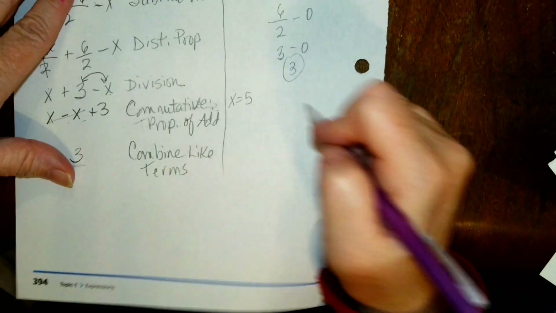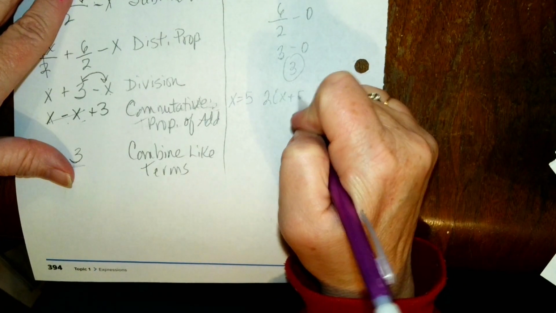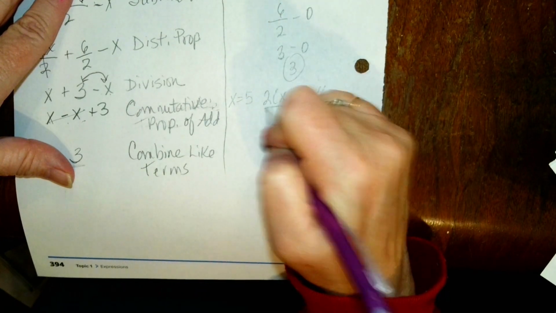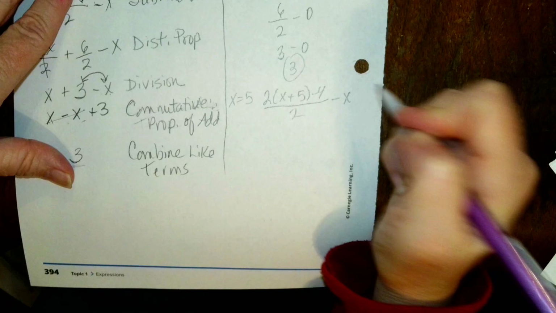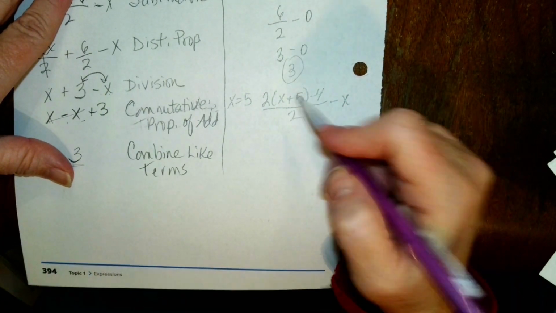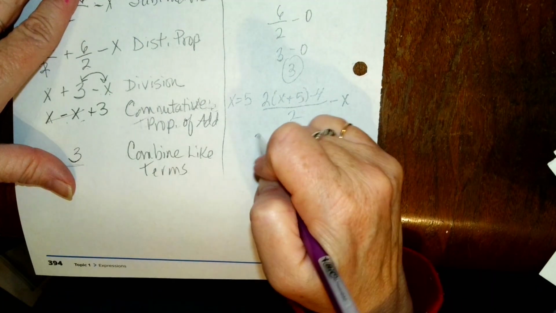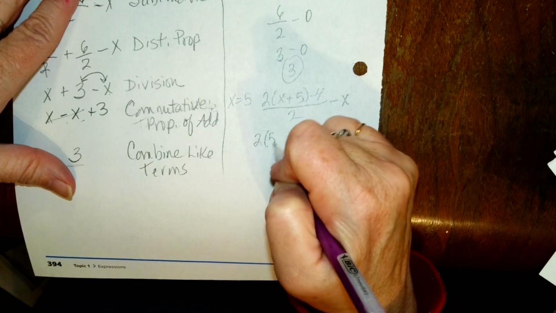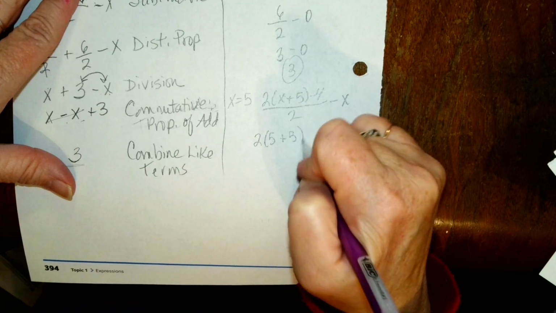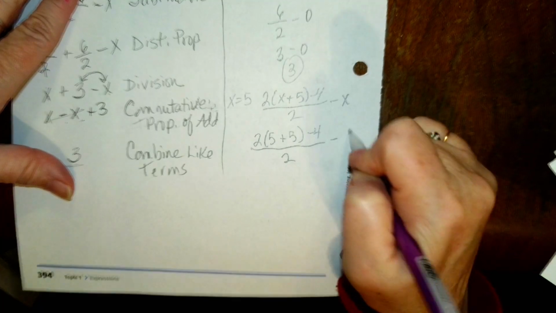Okay, so the original equation, I better rewrite it here because it's out of the view. Anytime we see an x, we're going to put a 5 in. So 2 times this x would be 5 plus 5 minus 4 divided by 2 minus 5.